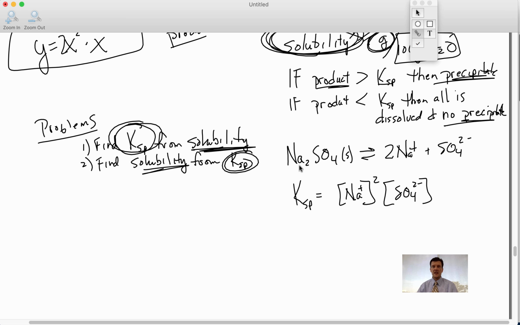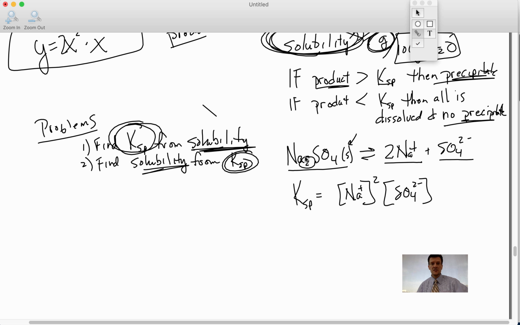So as an example, we have sodium sulfate. It is a solid, and when you put it in water, it is going to dissociate into 2 parts of sodium ion and 1 part of the sulfate ion.